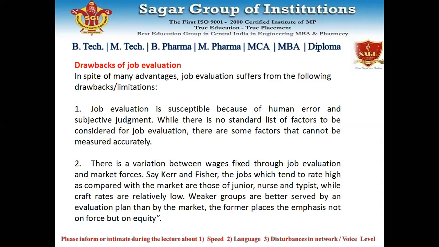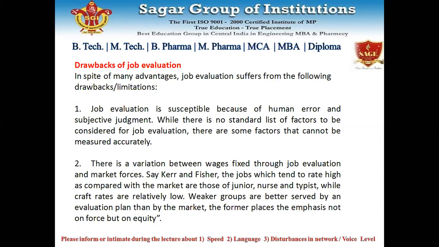So some factors cannot be measured accurately, like human error. We cannot make it high precision, or get absolute figures in terms of human behavior. And the next is, weaker sections should be rated very high.